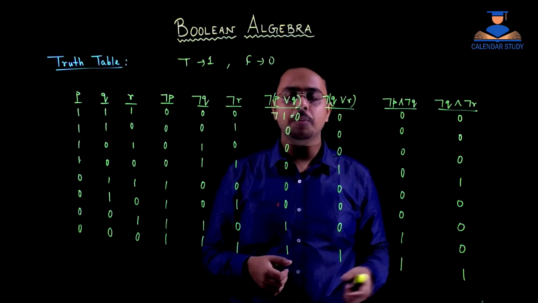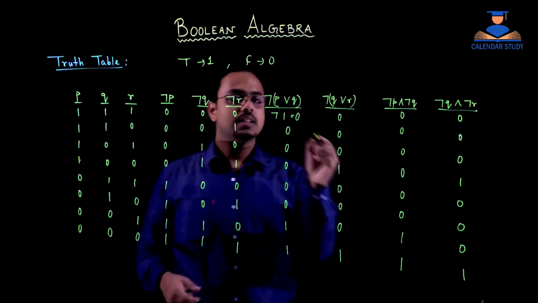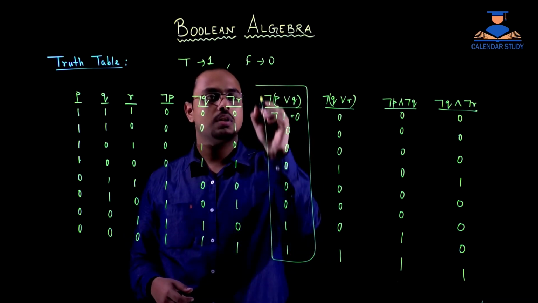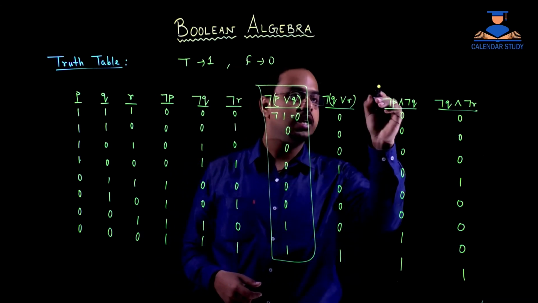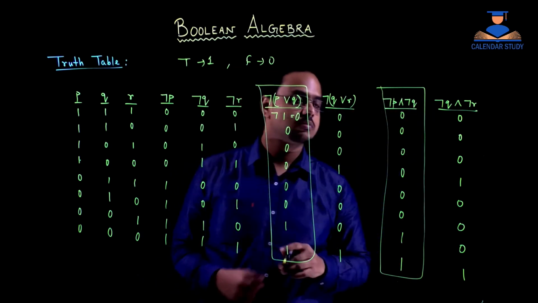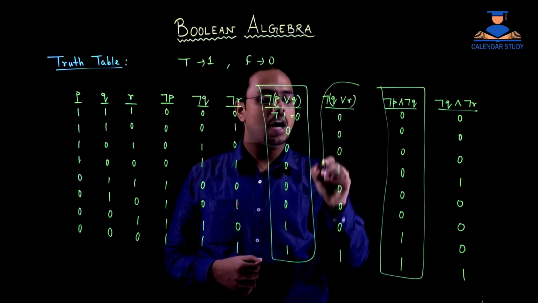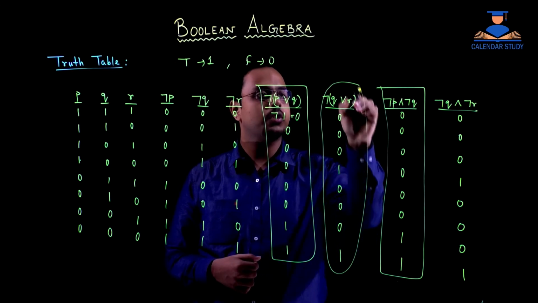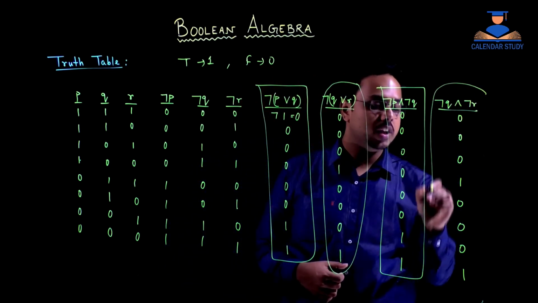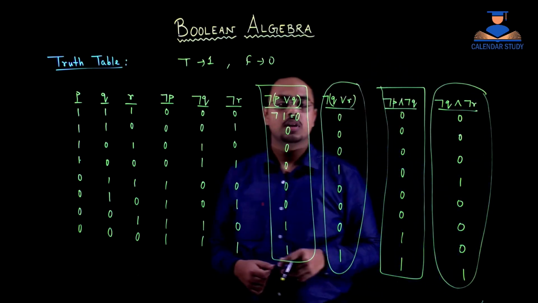Okay? We can clearly see from here that this column, not of P or Q, gives us the same result as not P and not Q. Similarly, not of Q or R gives us the same result as not Q and not R. Okay?